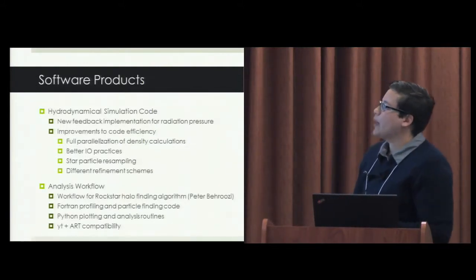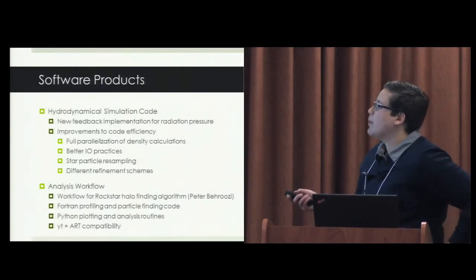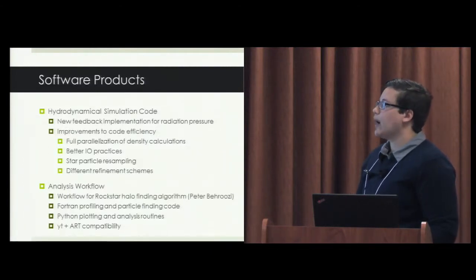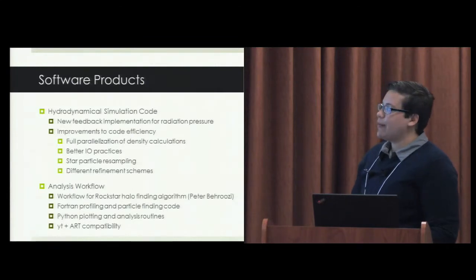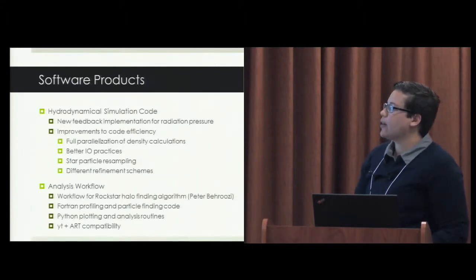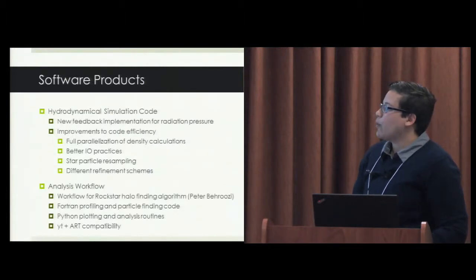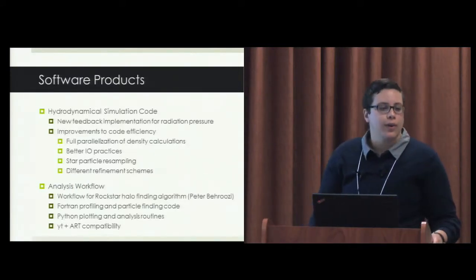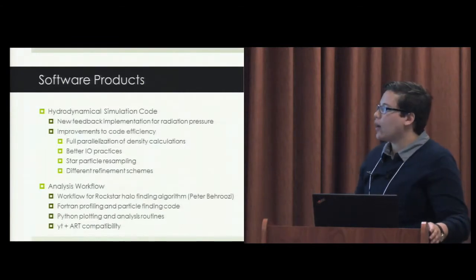So in terms of software products, some of the things we did to speed up our code: we hadn't realized that most of our time in our density calculation had been going to some serial loops that we thought were going to improve the speed of the code, but it didn't. So we were able to fully parallelize our density calculations and implement better I/O practices. We also implemented a new algorithm for star particle resampling in order to reduce the number of old stars that aren't doing anything in our simulation any longer.